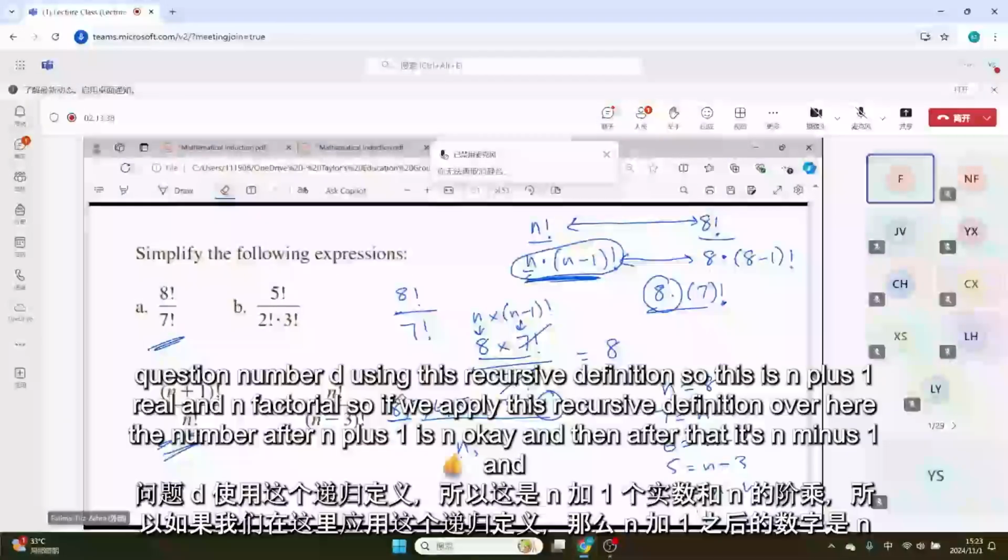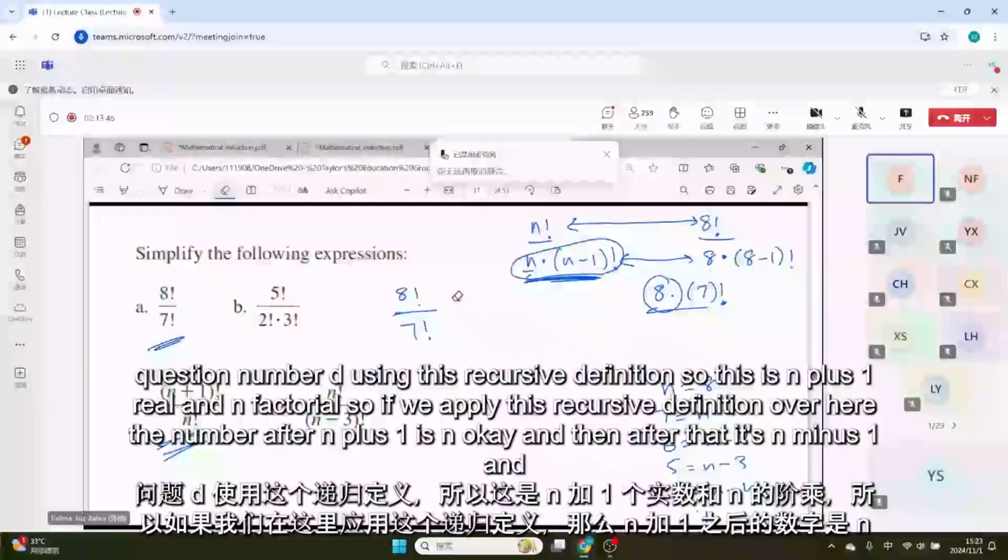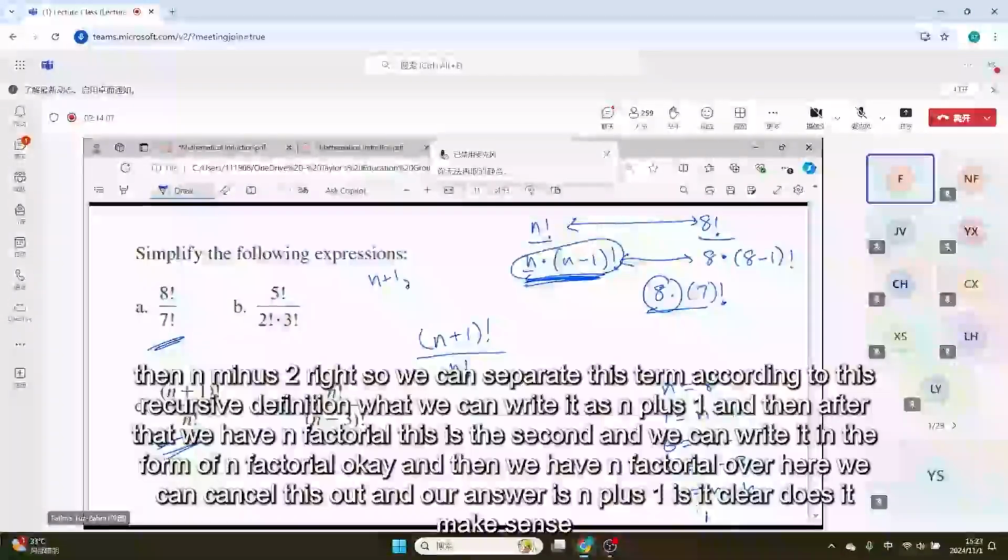Let's solve question number D using this recursive definition. This is (n plus 1) factorial over n factorial. If we apply this recursive definition over here, the number after n plus 1 is n, and then after that it's n minus 1 and then n minus 2.